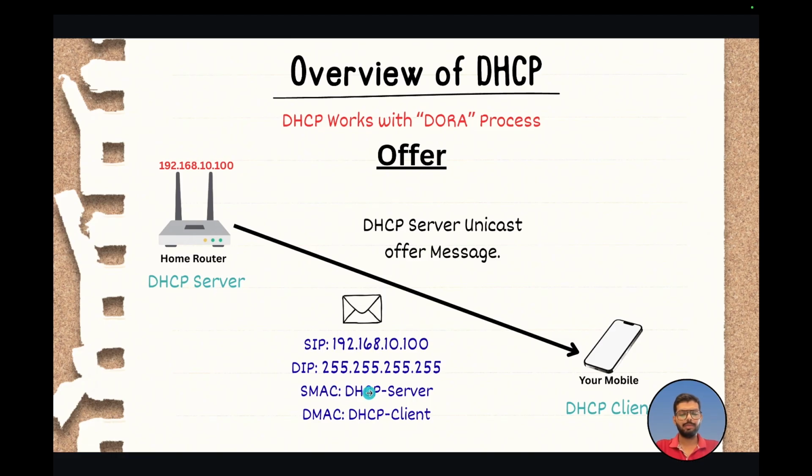Source MAC will be the DHCP server and destination MAC will be the DHCP client, because in the discover phase we got the source MAC of the DHCP client. This packet will include all the information about the IP configuration that we need to connect our phone to our local network, which is served by the home router. Now let's see what happens in the next phase.